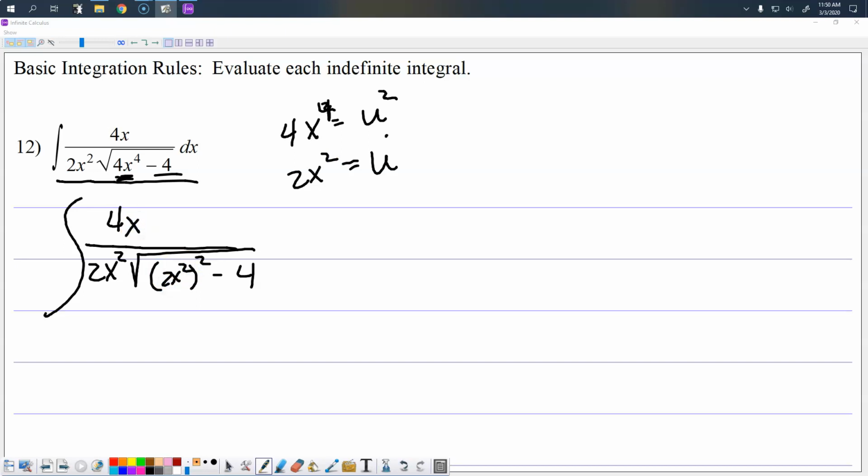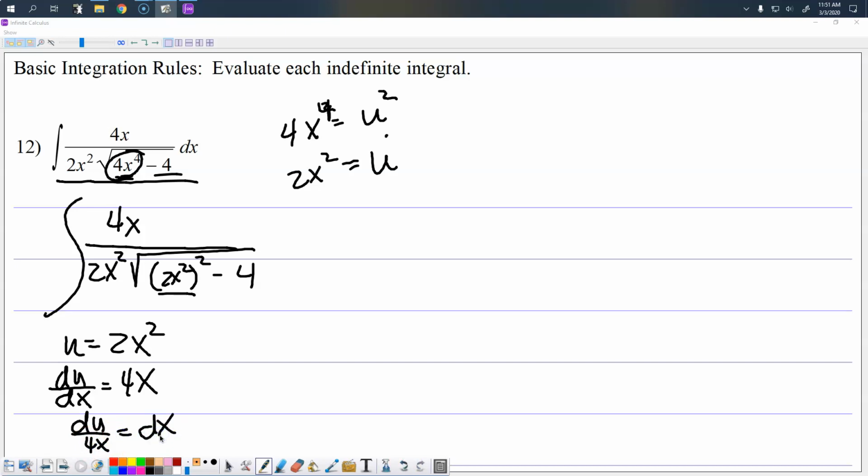Okay, so the first thing I did was I rewrote this as a square. And now we're going to do a u substitution. U is equal to 2x squared. Du over dx is equal to 4x. And getting the dx by itself gives us that. Then we're ready for our rewriting here.